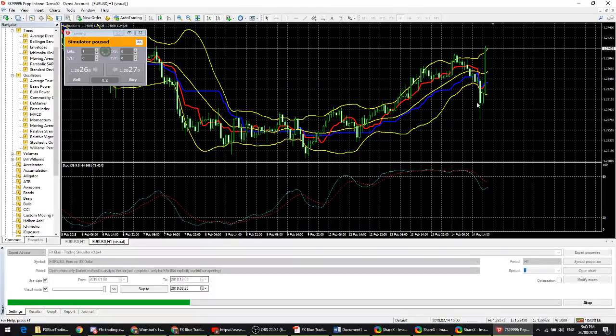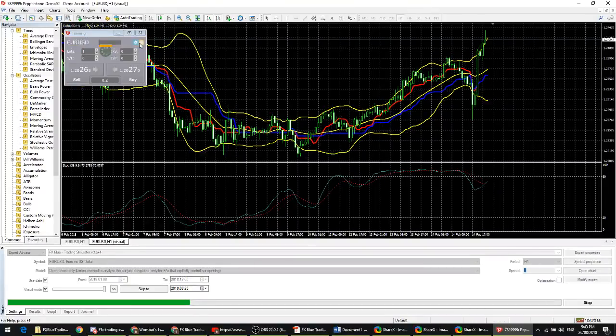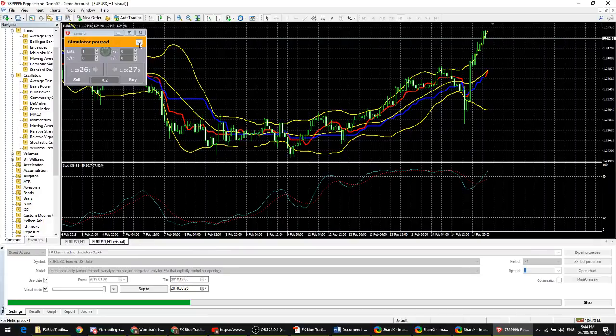So we would have entered here on this long bar to the downside, and likely we're going to lose money. So we would have lost money on that one.